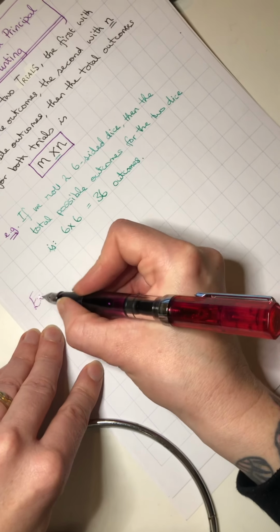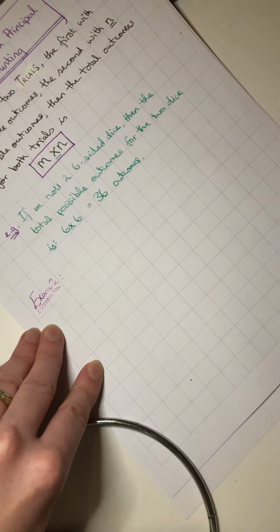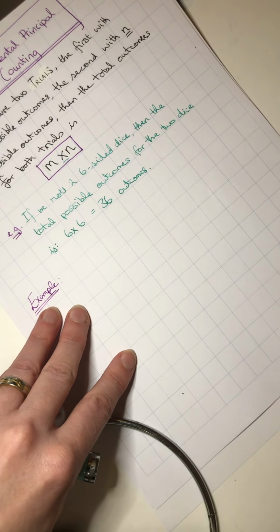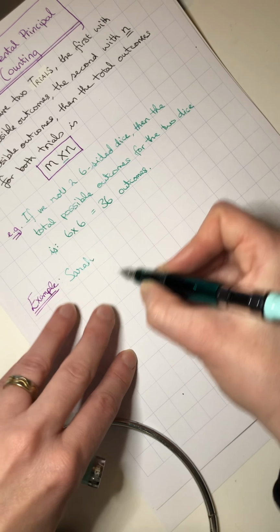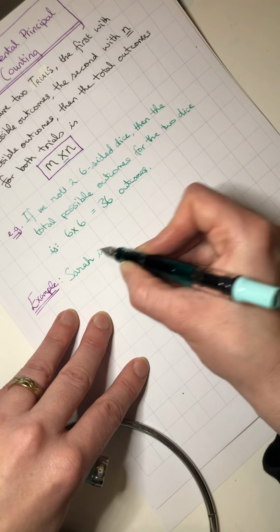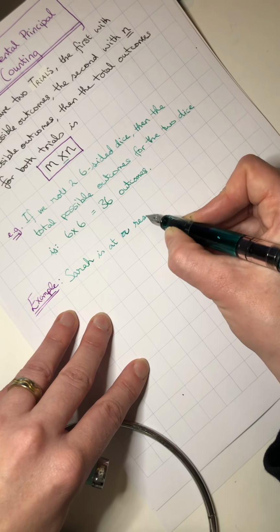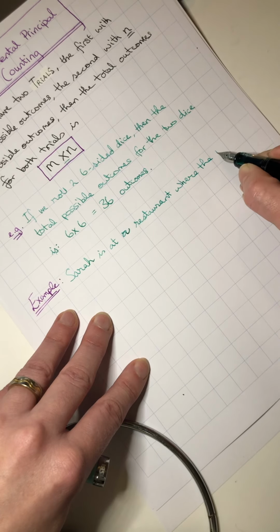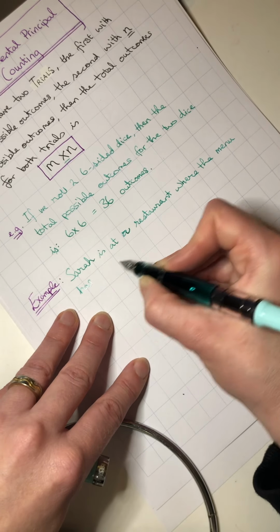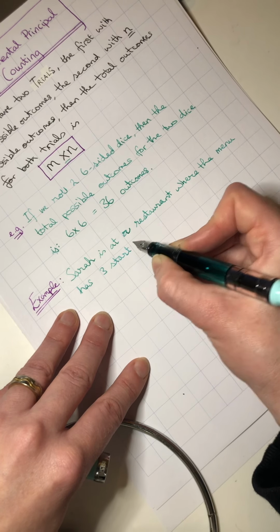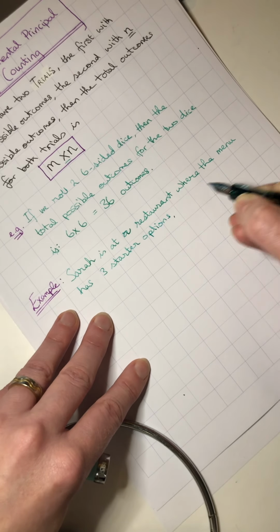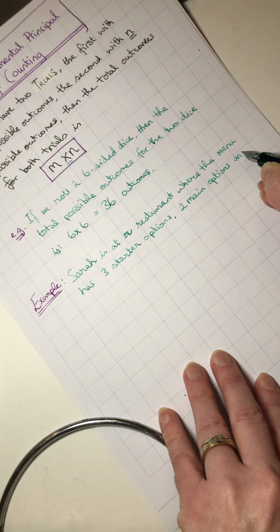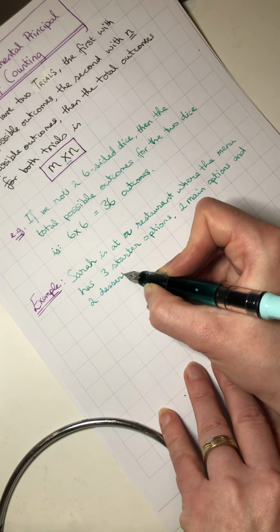So, first example is a menu example. So, for example, if Sarah is at a restaurant where the menu has 3 starter options, two main options, and 2 dessert options.